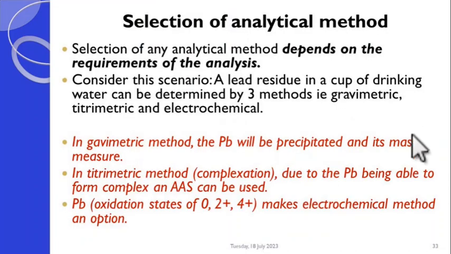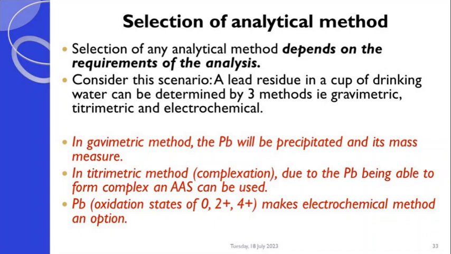Now, how then do we select an analytical method that is suitable or good to determine an analyte?